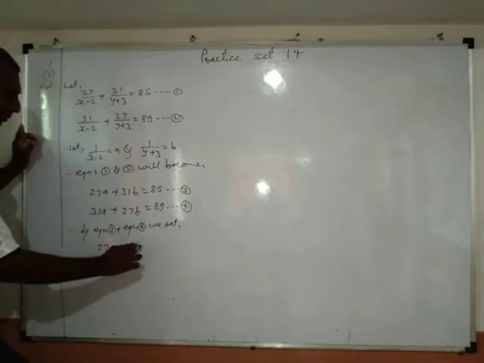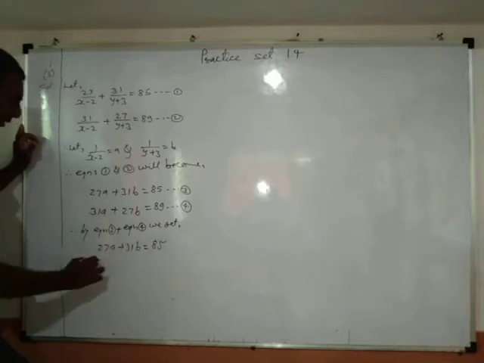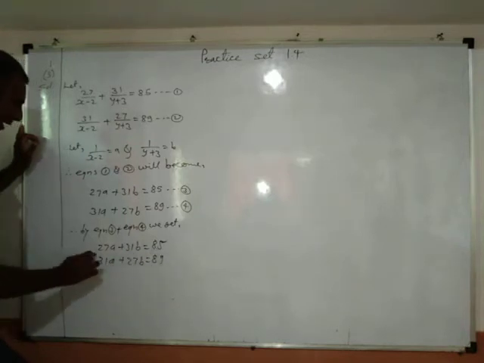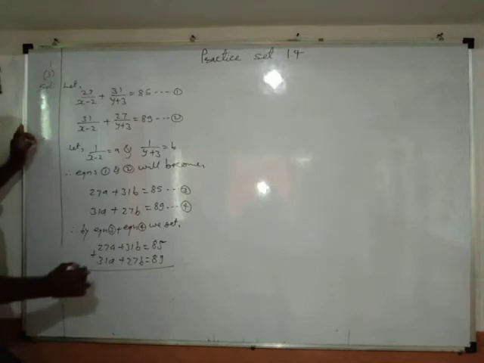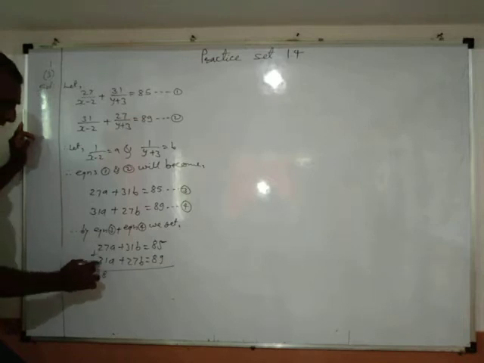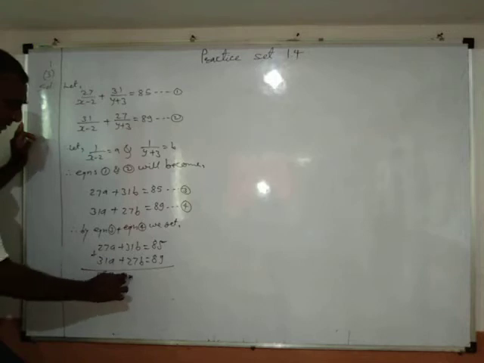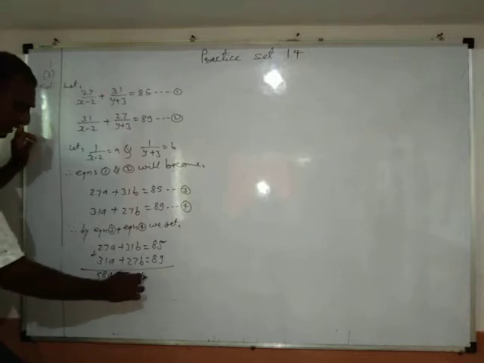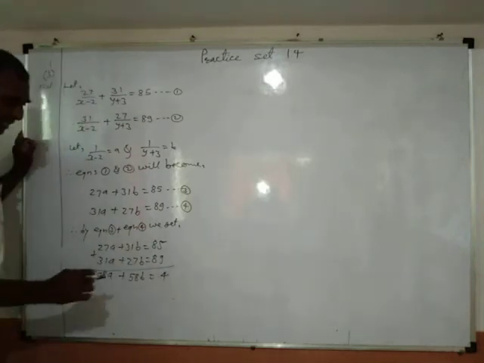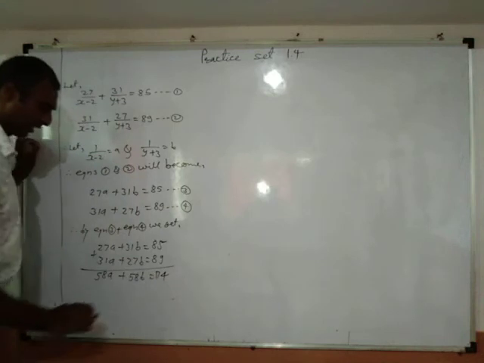27a plus 31b equals 85, and 31a plus 27b equals 89. As we decided to add them, let's add them. 27a plus 31a: 7 and 1, 8; 2 and 3, 5. 58a plus 58b equals 89 plus 85: 9 plus 5, 14, carry 1; 8 and 8, 16, and 1, 17.